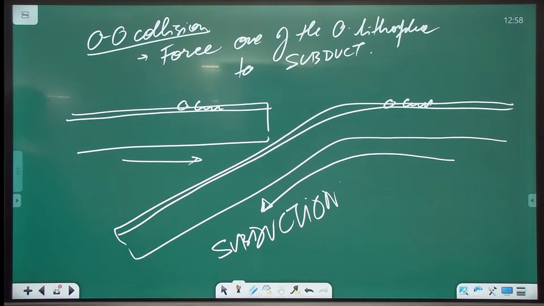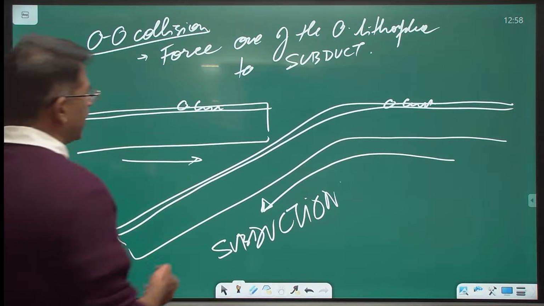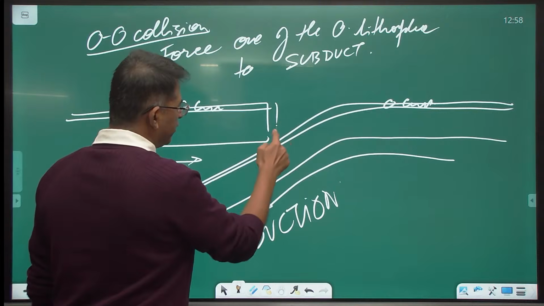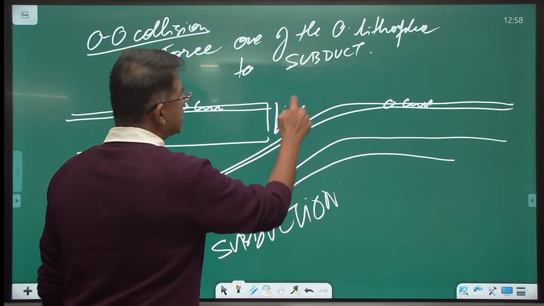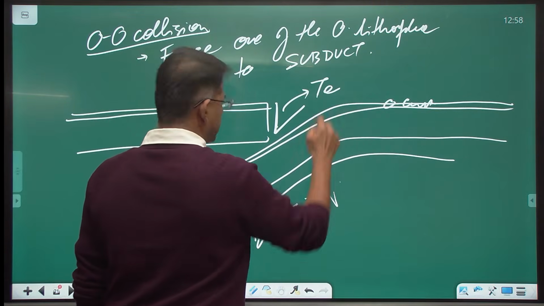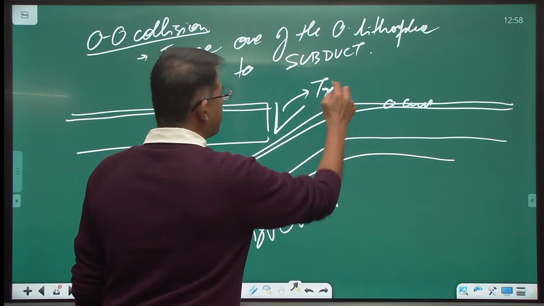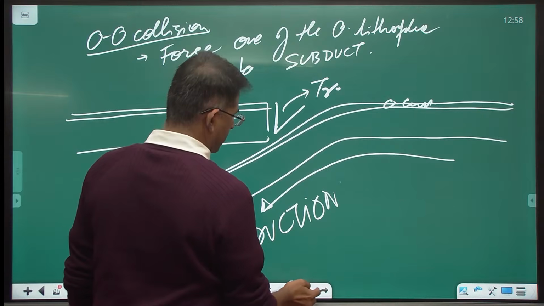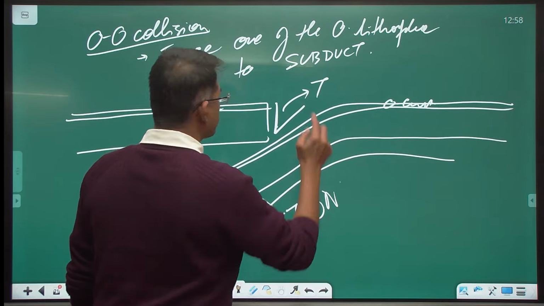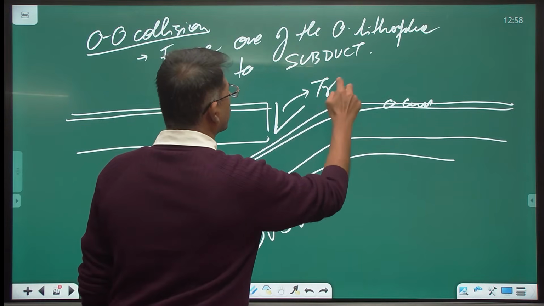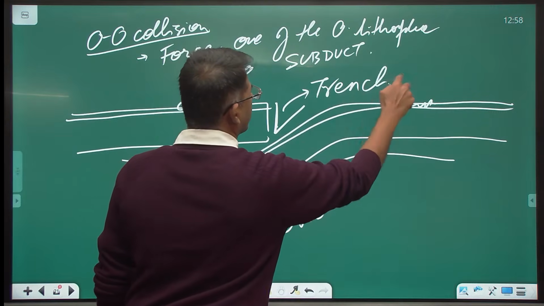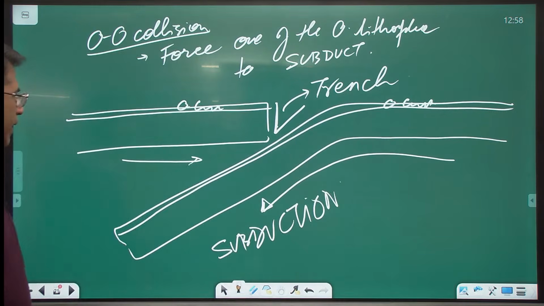And this subduction will result in 3-4 things. ये जो gap है, like a valley यहाँ पर, this gap is called a trench.